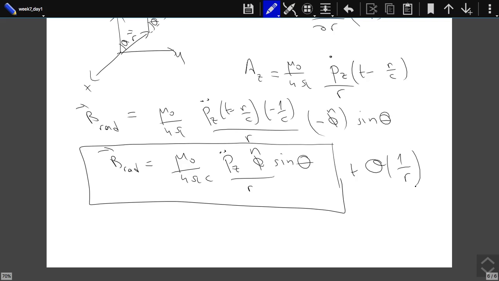Well, the derivation of the electric field in the radiation zone is also similar. I will not go over it.